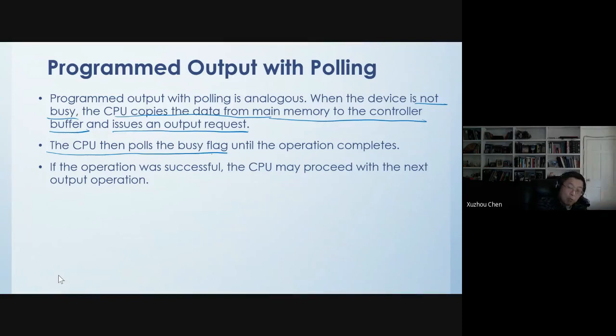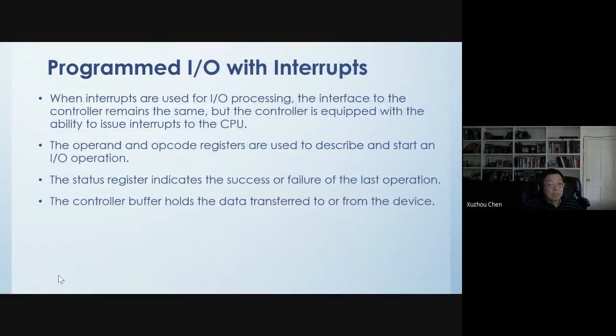The controller copies the data into the device, and once it's done, it sets the status, and the operation continues. So these are two opposite operations. That's called programmed I/O with polling.